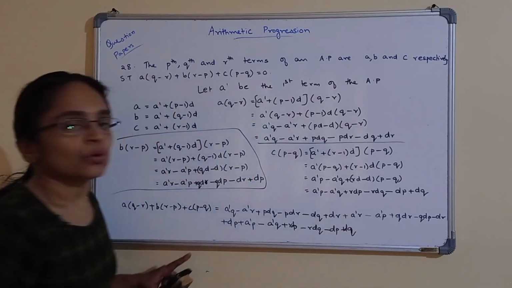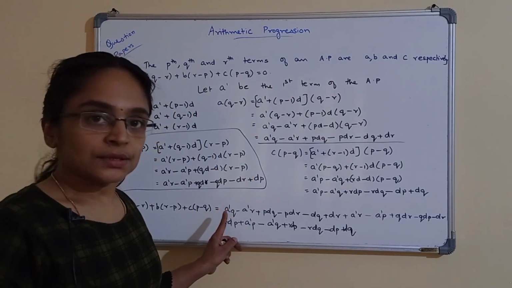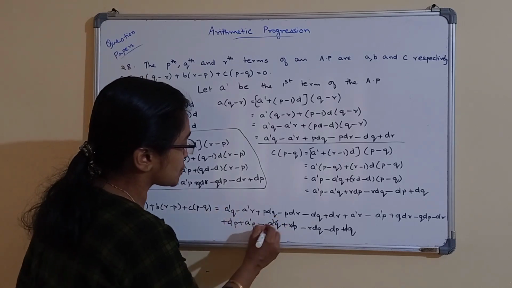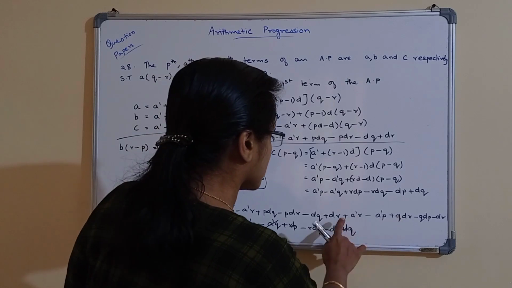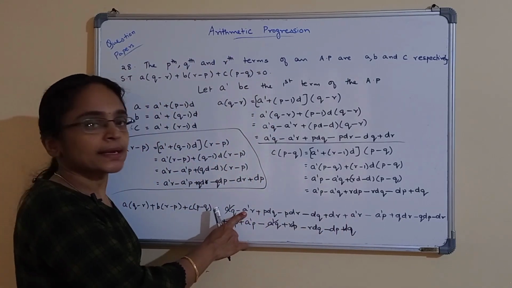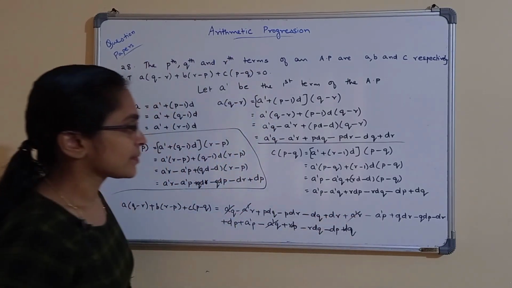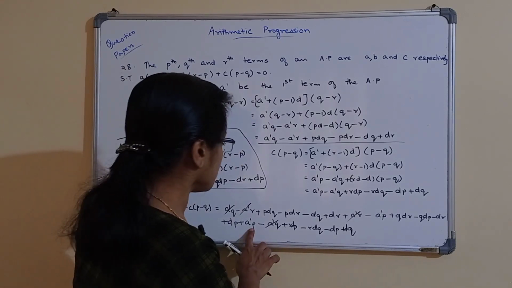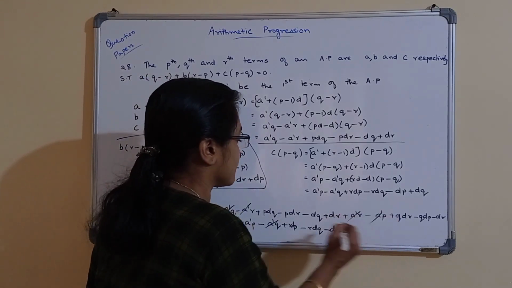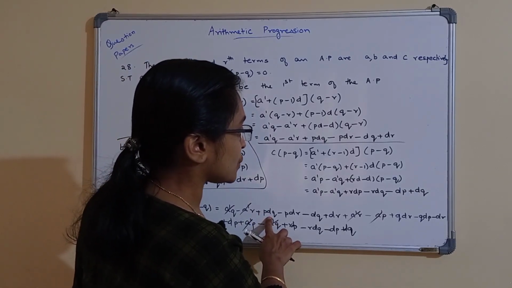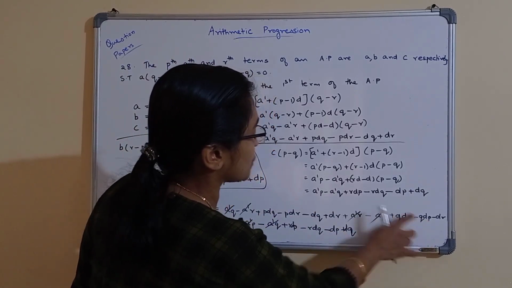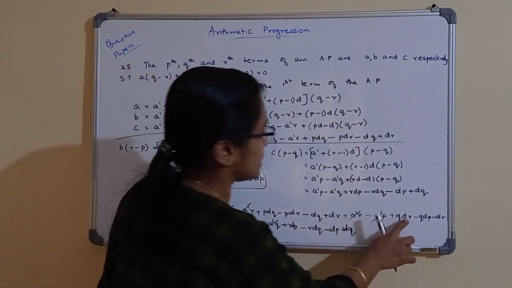Okay, and a'q and minus a'q will get cancelled. Then a'r is here and minus a'r, and a'p and minus a'p. Then pdq and this pdq and minus pdq.